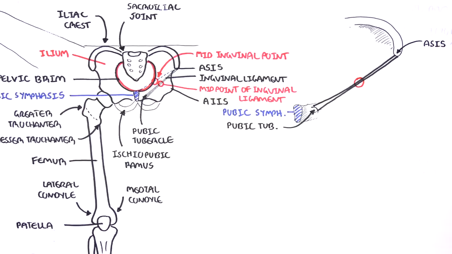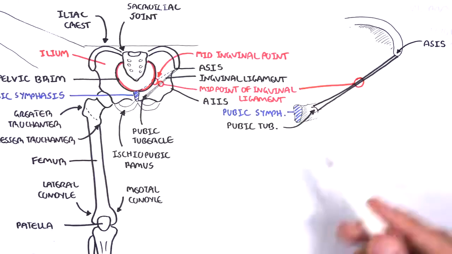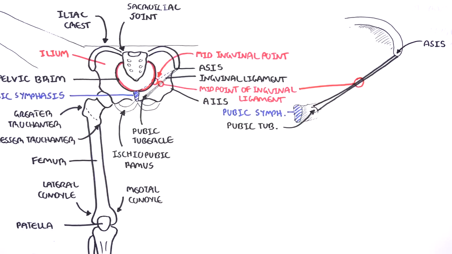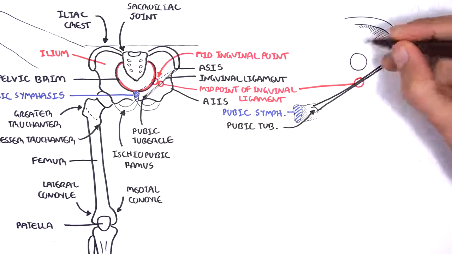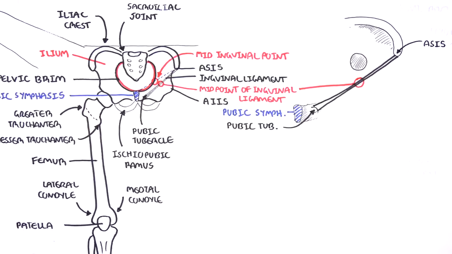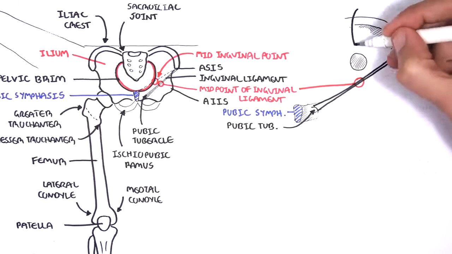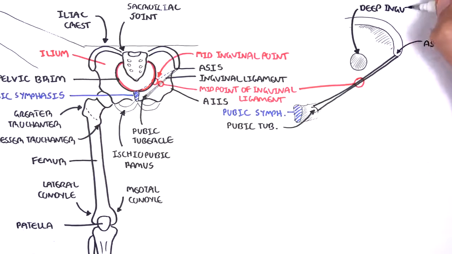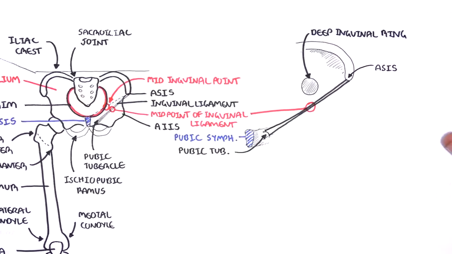The midpoint of the inguinal ligament is an important landmark because right above it, surgeons know where the deep inguinal ring is situated. So remember, at the midpoint of the inguinal ligament, right above it, is the deep inguinal ring.